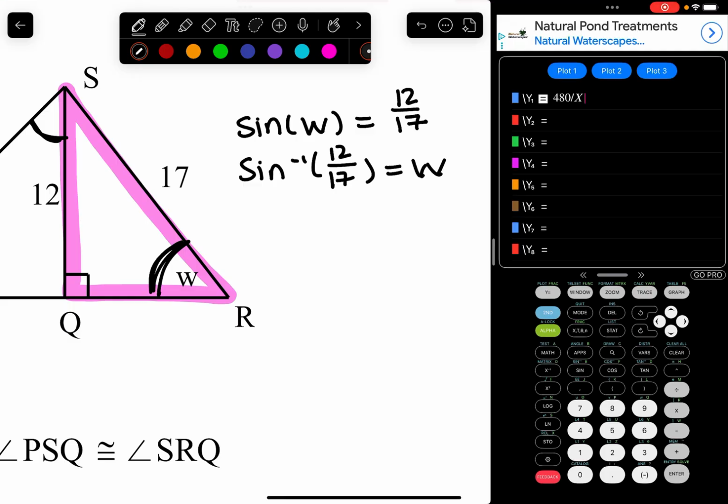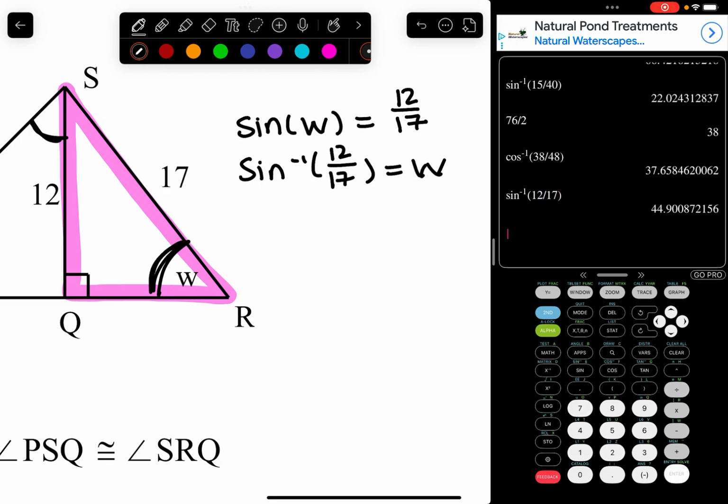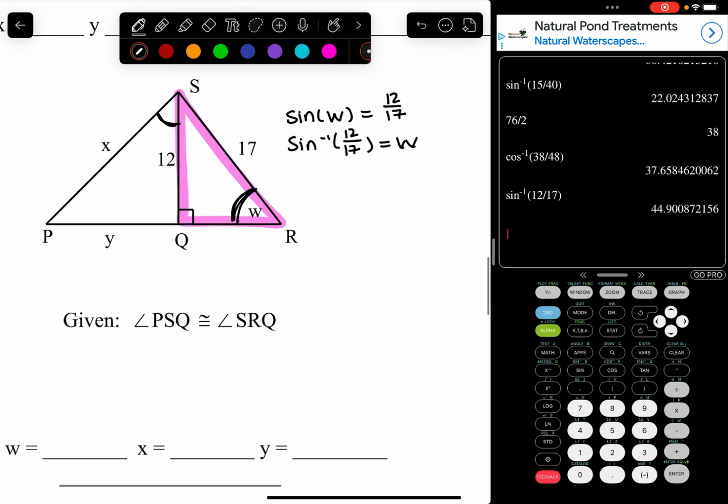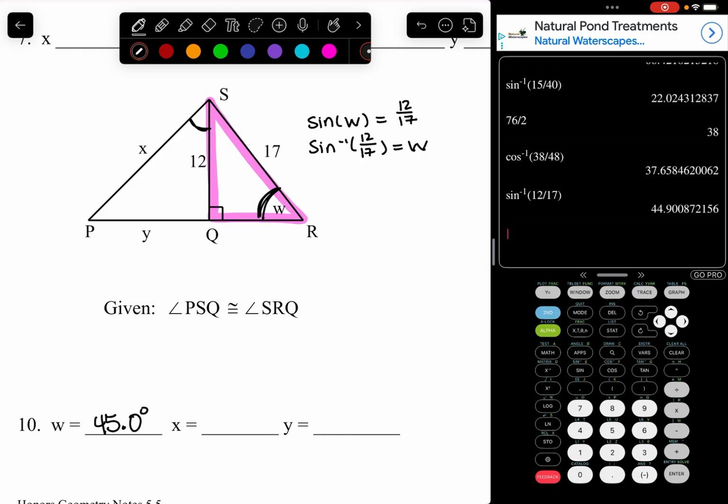So second sine 12 over 17, and I get that angle W is essentially 45.0 degrees. Now, in reality, angle W is 44.9, and more decimals. So I have to keep that in mind when I plug that in up here, okay?